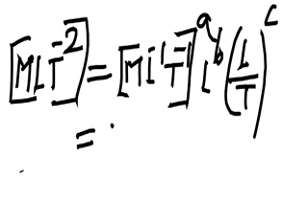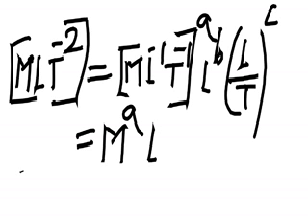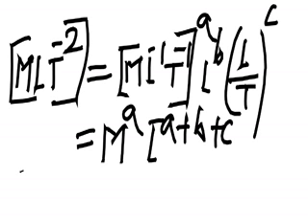So when you have these values: M to the power a, L to the power minus a plus b plus c, and T to the power minus a minus c. Now we need to compare this and tell me the values of the variables.